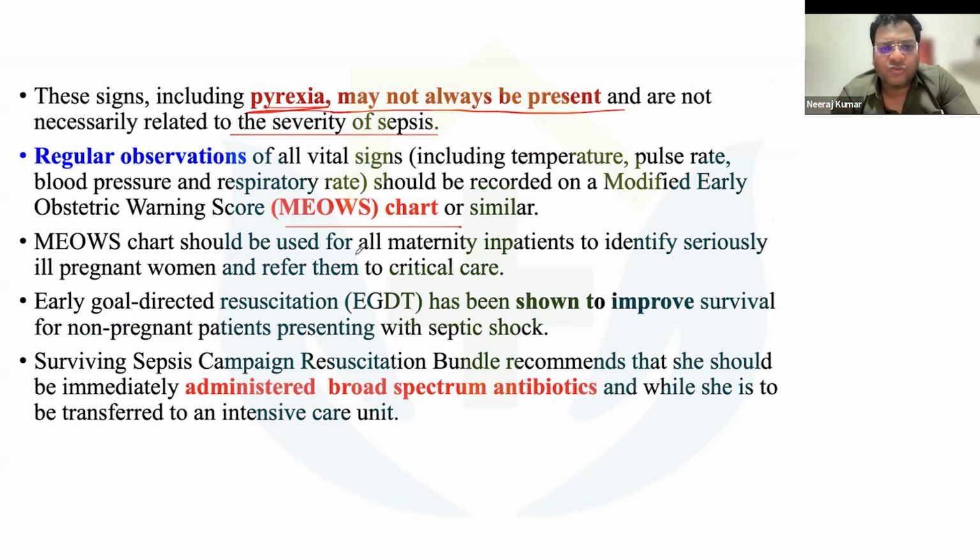These are used for all maternity inpatients to identify seriously ill pregnant women and refer them to critical care. Even early goal-directed therapy has been shown to improve survival for non-pregnant patients presenting with septic shock. The Surviving Sepsis Guidelines have recommended that broad-spectrum antibiotics must be started early while she is transferred to the NICU.